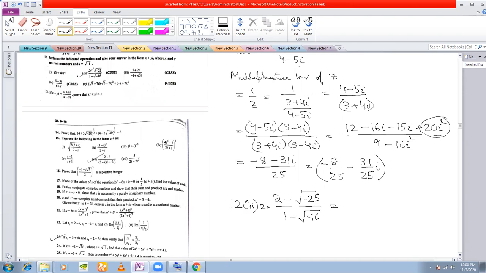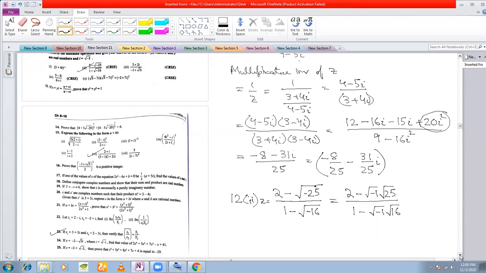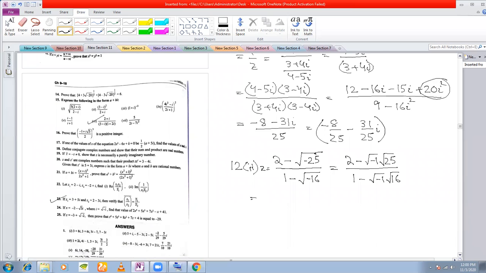So you get here 2 minus, you can write root minus 25 as root minus 1 into root 25, divided by 1 minus root minus 1 into root 16. And root minus 1 you can write as i, and root 25 is 5, and again root minus 1 you can write as i, and root 16 you can write as 4. Now you multiply.